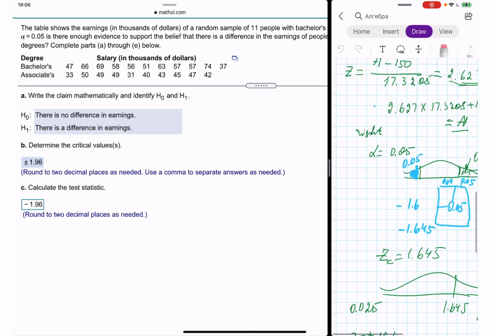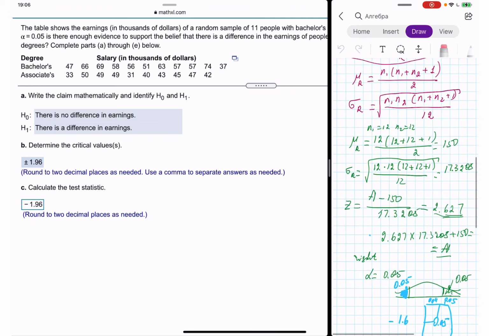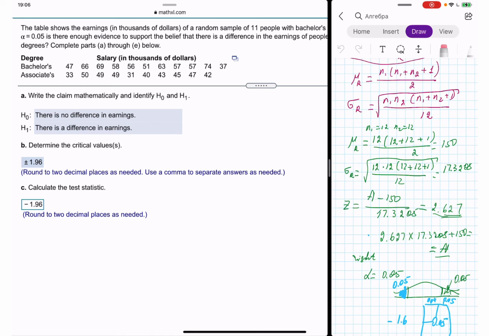Easily you can calculate your sigma r and mu r, exactly like in the previous problem. And the rank you already calculated is for the small sample size, which is associate. Use the sum of this rank minus mu divided by sigma after plugging in the numbers 11 and 10.